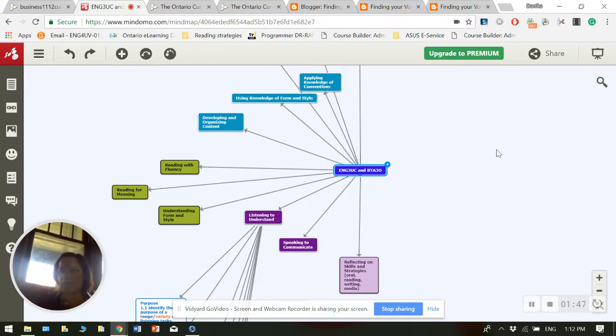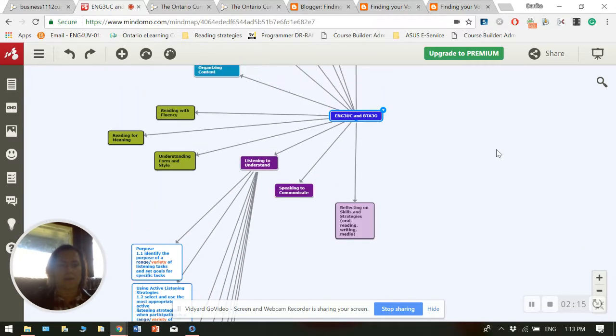So the thing I discovered is that the overall expectations are word for word exactly the same. The specific expectations are almost identical. So I don't really think I need to, for the purposes of this concept map, delve into the specific expectations.